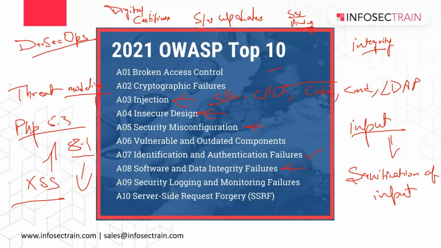Then I have to make use of digital certificates, digital signatures, right? Or similar mechanisms like digital signatures to verify that data or software has not been tampered with, right? So software and data integrity failures occur when any of the data is tampered with by an attacker, right?